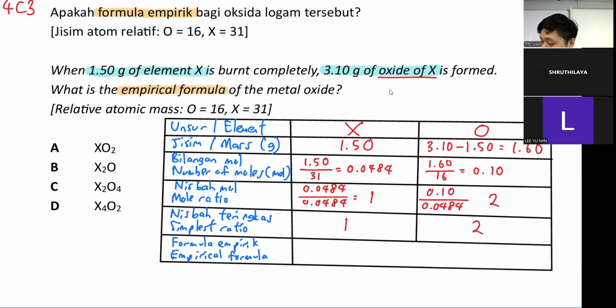Very near 2, round off to 2. So you will get XO2.